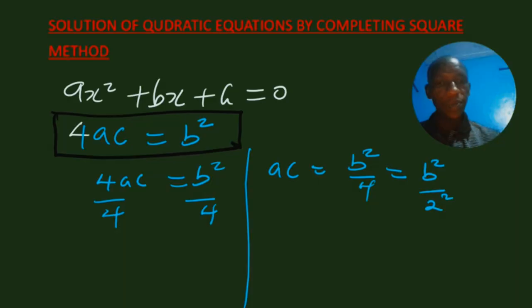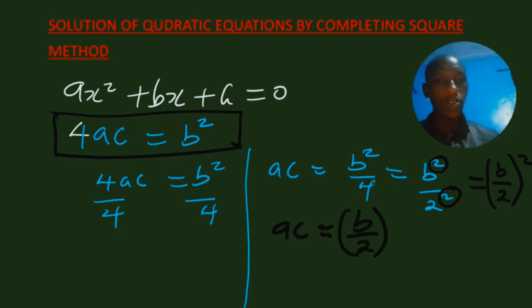You can see that the power 2 is common on both the numerator and the denominator, and therefore you are at liberty to write this as b over 2 and then square it once. This means the power 2 acts on the numerator and the denominator in equal measure. So ac is equal to b over 2 squared.